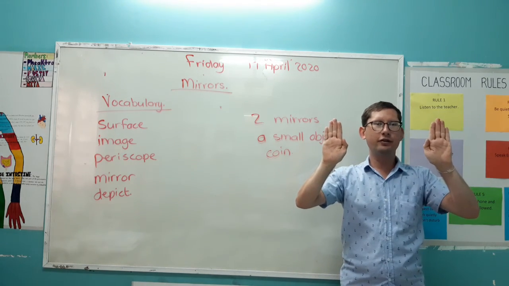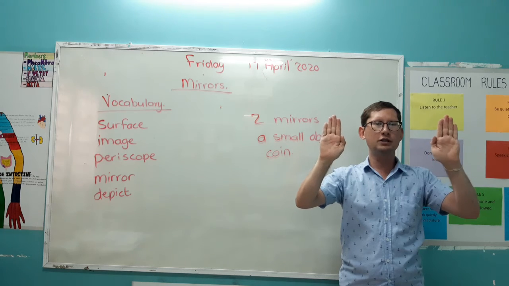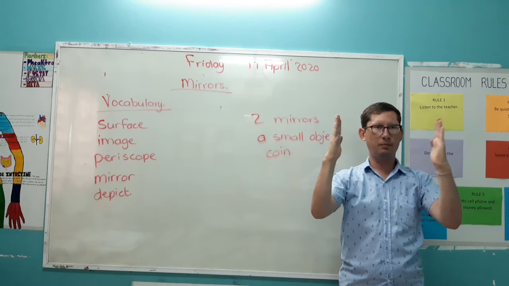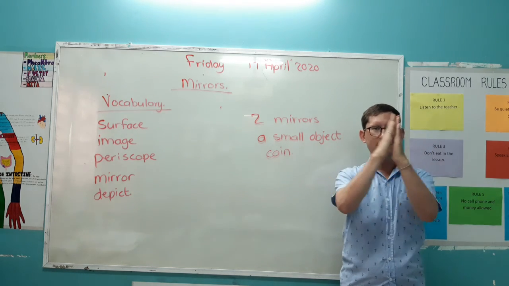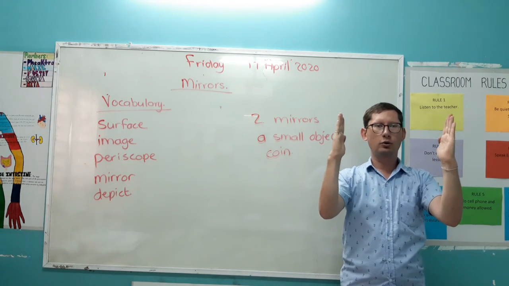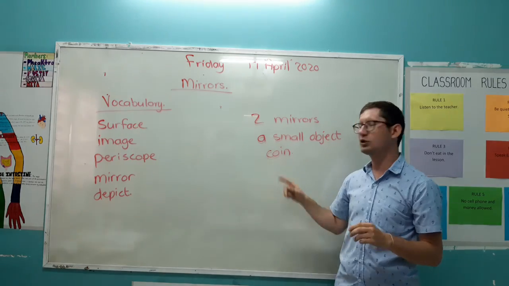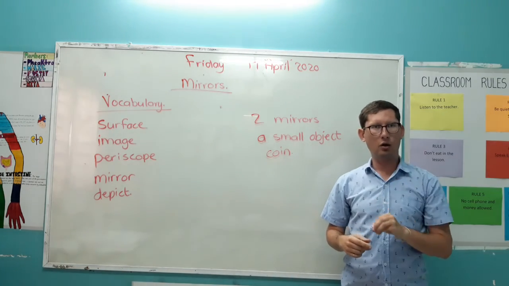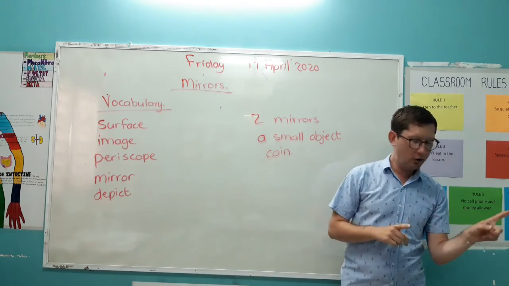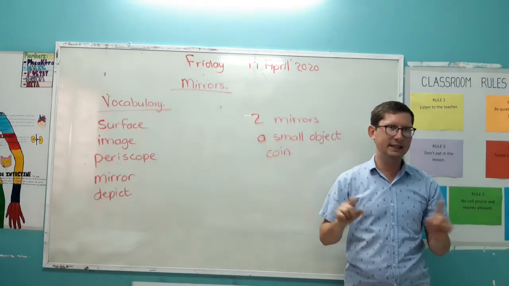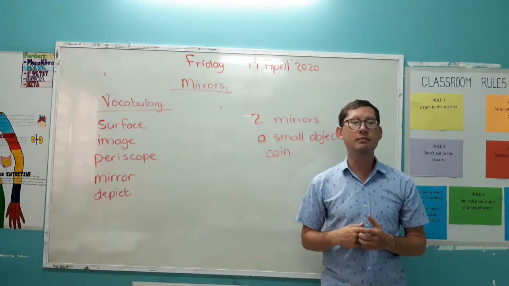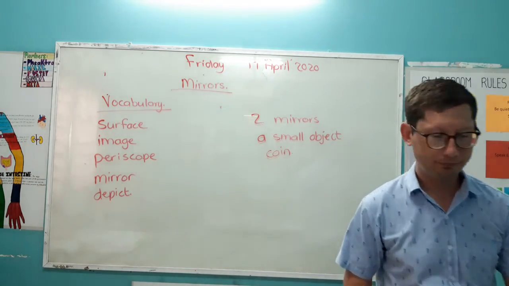You turn the two mirrors towards each other so the smooth surfaces are pointing towards each other, and then I would like you to put the coin or small object in the middle of those two mirrors, look into both mirrors and see if you can count how many images you see.